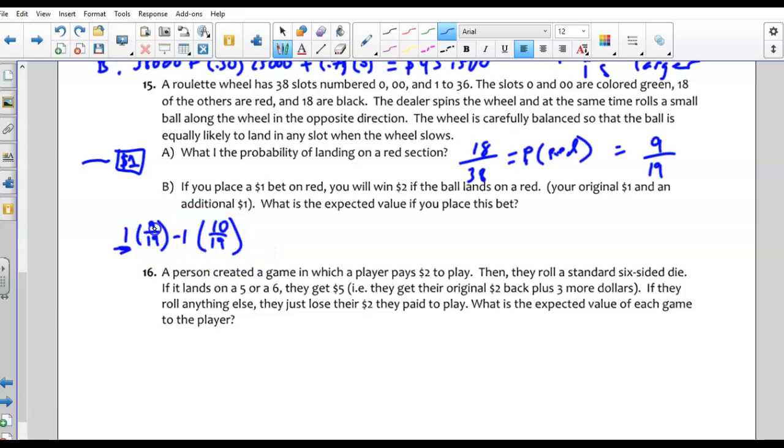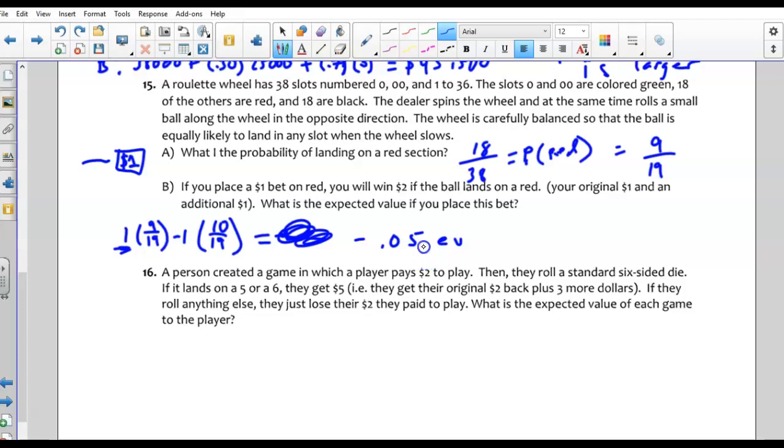So if I land on red, I win $1. If I don't land on red, I lose that $1 that I initially invested. So when we do this, that's going to give us a negative 0.05. It's going to be my expected value right there. Negative 0.05.